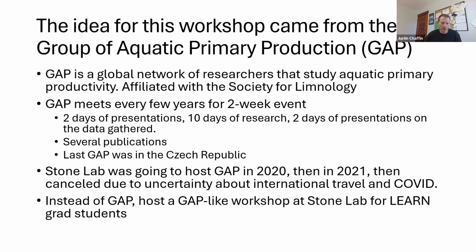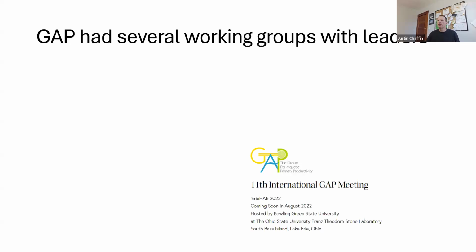Instead of hosting a GAP at Stone Lab, we came up with the idea to host a GAP-like workshop at Stone Lab, specifically aimed at Learn grad students. The GAP has several working groups with leaders, so going into the GAP meeting, you kind of know what you'll be doing.